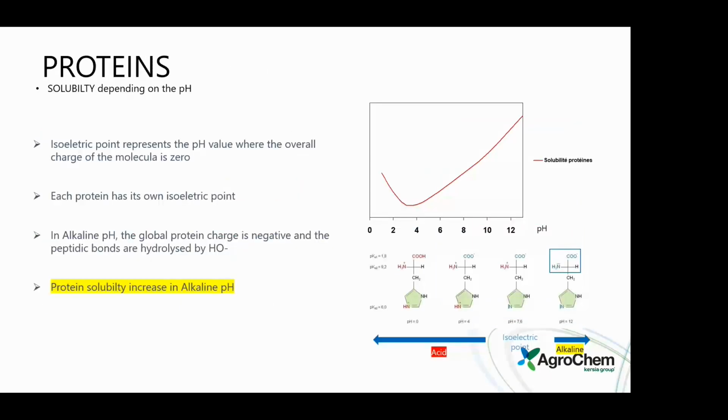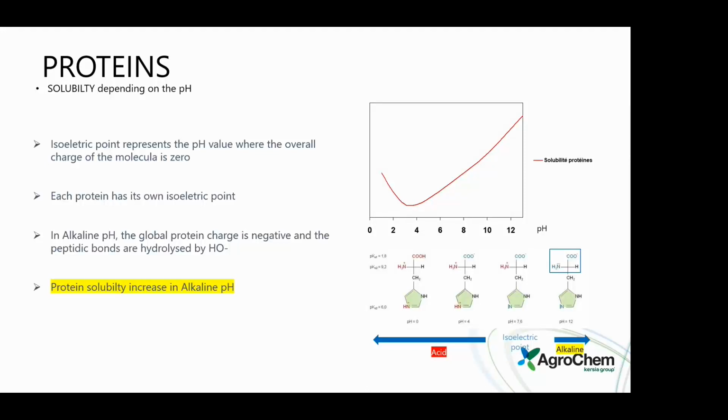A little bit on the proteins. This gives a little overview of the isoelectric points can vary by pH value and by what we're looking at on each protein having its own specific point. So the alkaline pH has a negative protein charge, and by being the opposite on the proteins that way, we're actually using solubility increasing with the alkaline pH.